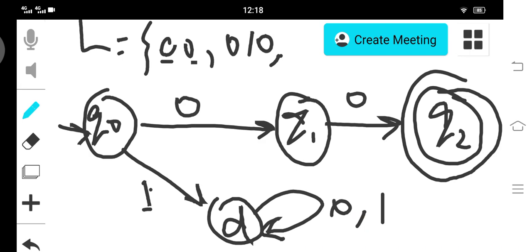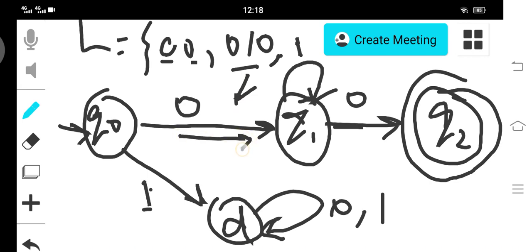On Q0, for both input alphabets 0 and 1, we have created transitions. Now in Q0 we have a transition on 0 but not on 1 in Q1. So Q1 must have a transition on 1. If we apply this substring, Q0 goes to Q1, 1 loops, 0 goes to the final state.